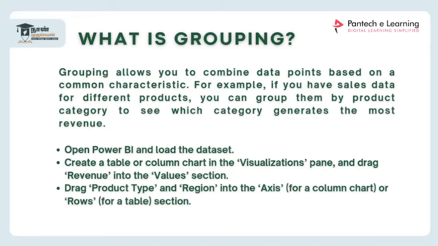For example, if you have sales data with different products, categories and varieties, how can we create grouping in this sales data? The procedure is: open Power BI, load the data set, go into the visualization part, and using revenue and values, create a table or column chart and give product type region wise. The product type is the x-axis and the region is the y-axis.